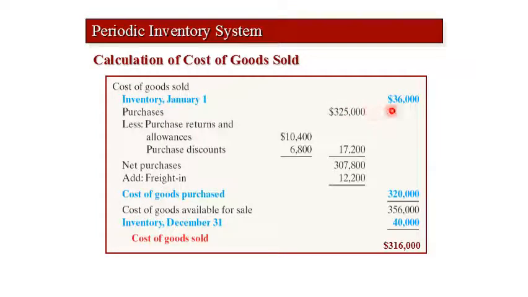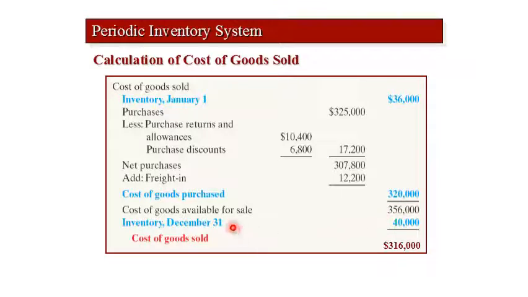If you have inventory of 36,000 and net purchases of 307,800 and freight in cost of 12,200, the cost of goods purchased is 320,000. So the cost of goods available for sale will be 356,000.